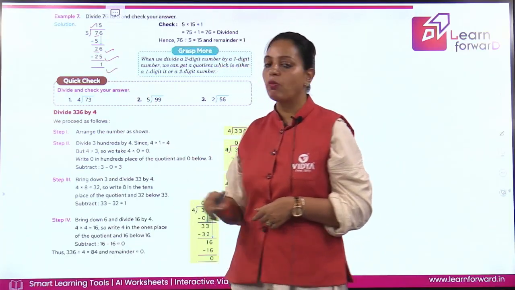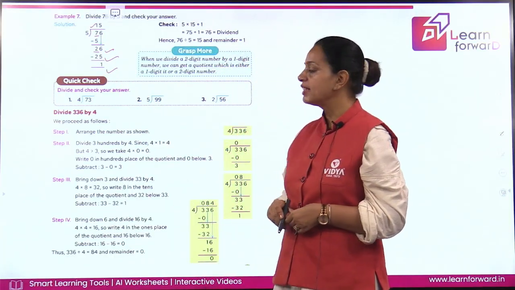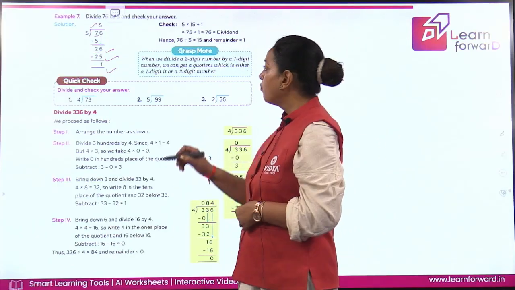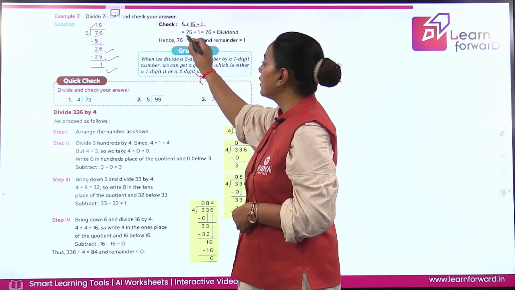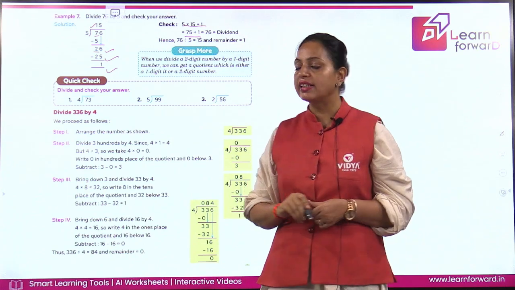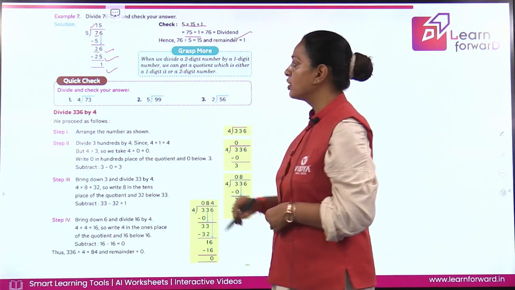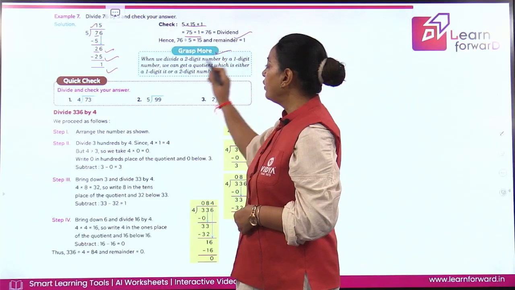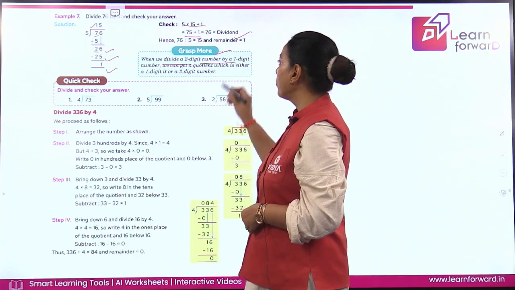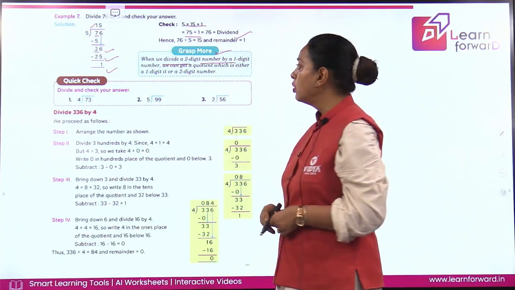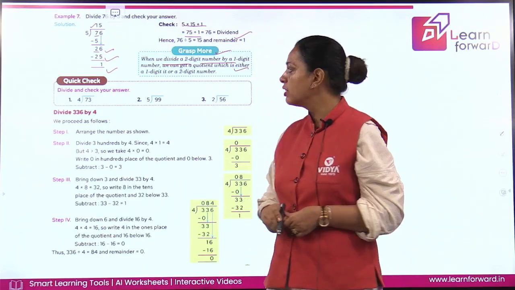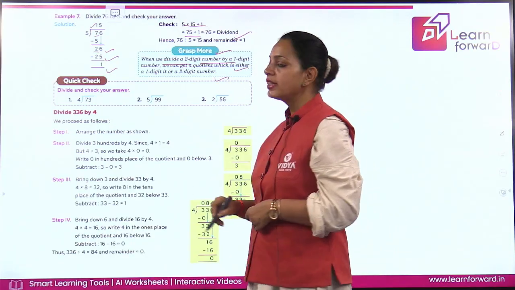Remainder is 1 and 15 is the quotient. Now how can we check our answer? 5 into 15 plus 1, 75 plus 1, that is 76. So this is the dividend only. Okay. So one more point, when we divide a 2-digit number by a 1-digit number, we can get a quotient which is either a 1-digit or a 2-digit number.